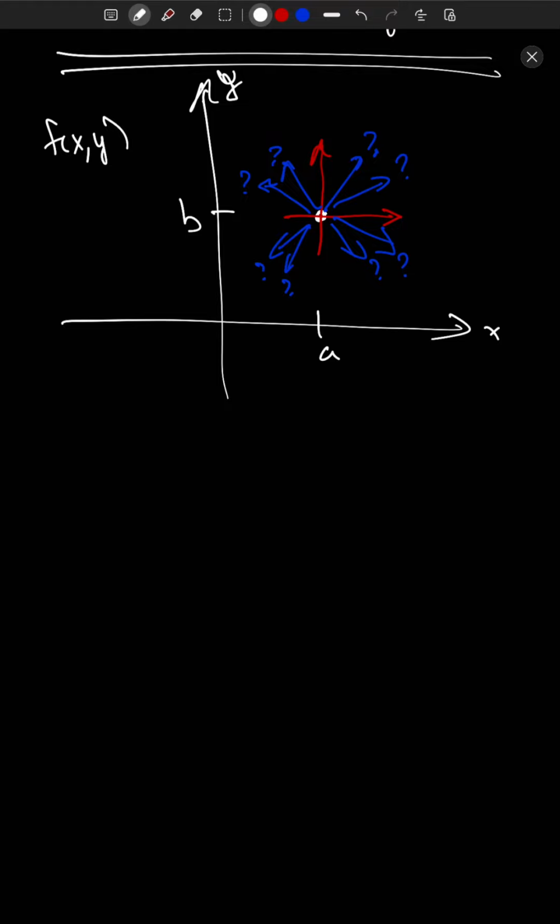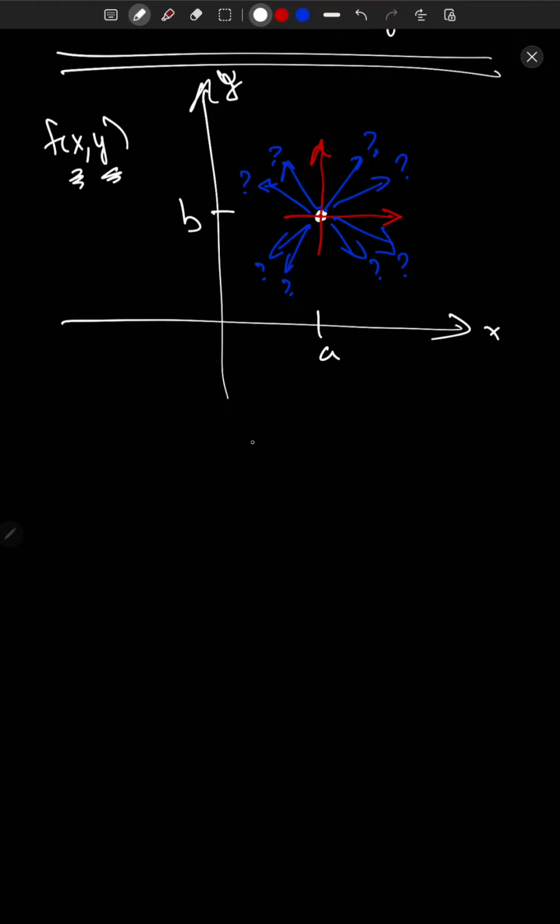Because ideally what we would like, because we have a function of 2 variables, x and y, we would like partial f, partial x and partial f, partial y to give us all the information we need about the derivatives in the other directions, right? But that just simply, if you think about it, can't work.